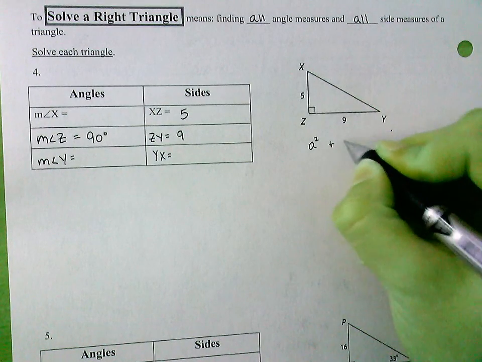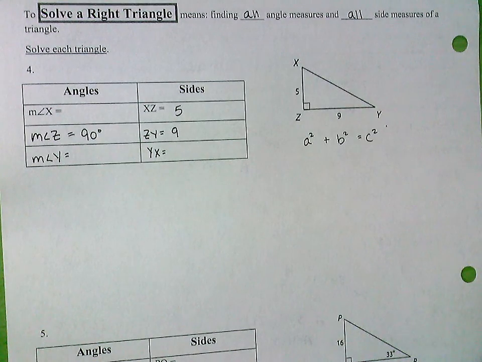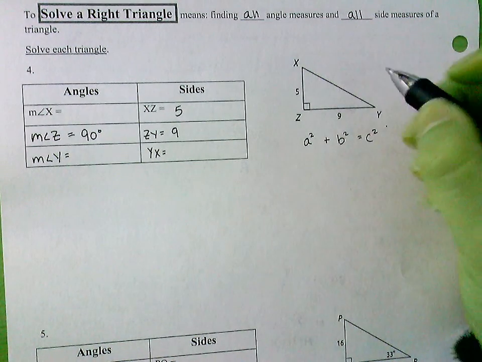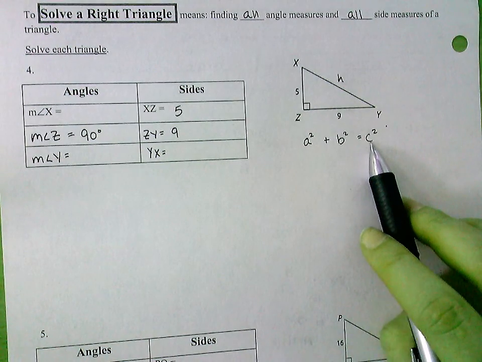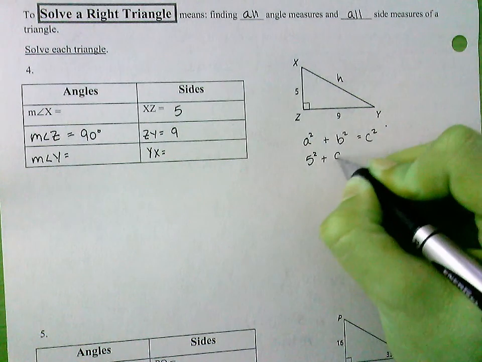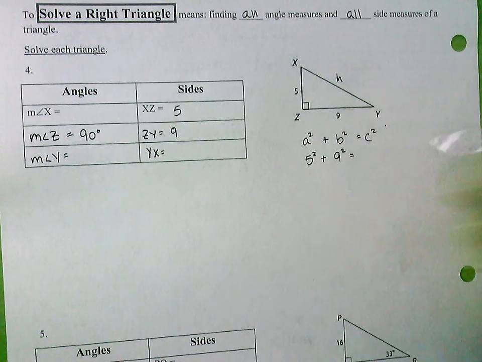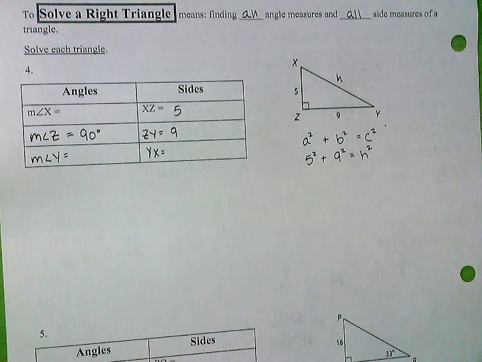So I can do a squared plus b squared equals c squared. When you're solving these right triangles, you can apply all of the stuff that we've learned so far. If I have 2 of those sides, I can just use the Pythagorean theorem to find the third. Now that third side is the hypotenuse, right? So that's going to be your c value here. So I'll have 5 squared plus 9 squared is equal to c squared, or I label it as h, so h squared.